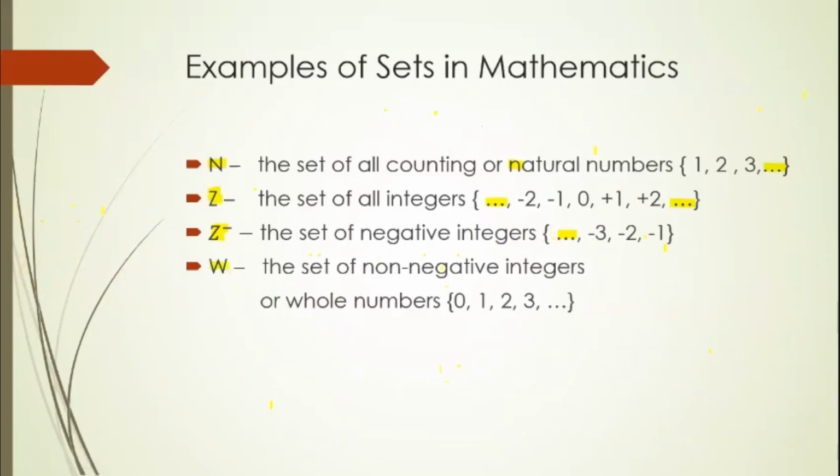What about W? Your W is your whole numbers. But this time, it starts with 0. That is the difference between a whole number and a natural number. Okay, in the whole numbers, you begin with 0. For natural counting numbers, you begin with 1.